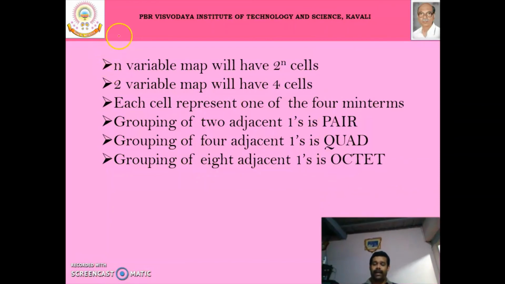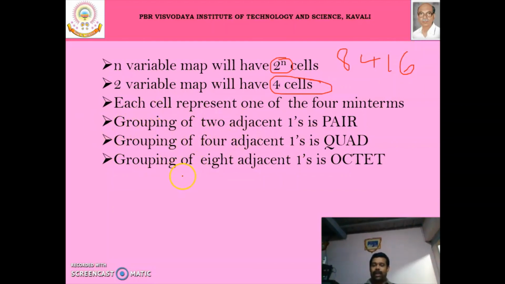Now, an n variable map will have 2 to the power n cells. A 2 variable map will have 4 cells, a 3 variable map will have 8 cells, and a 4 variable map will have 16 cells.